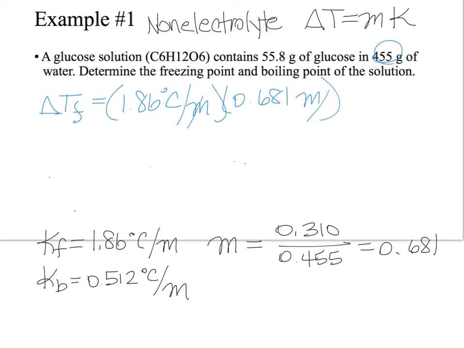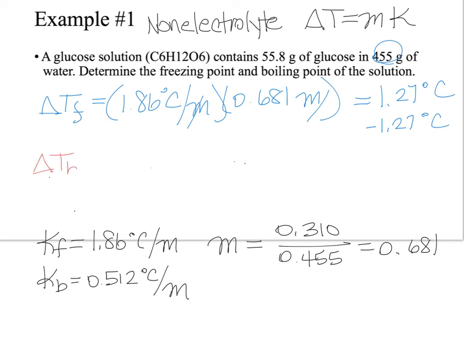So those will cancel out. 1.86 times 0.681 equals 1.27 degrees Celsius. All right, so instead of water freezing at 0 degrees centigrade, it would freeze at negative 1.27 degrees Celsius. So you just subtract that from the normal freezing point.